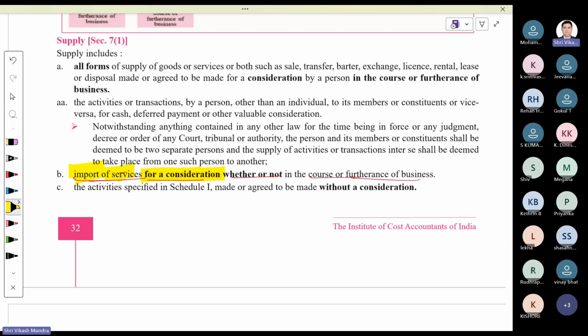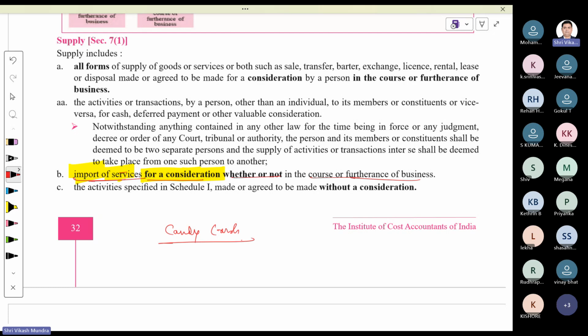For example, many times, say you people play Candy Crush. There is in-app purchase. You bought certain lives, etc., by paying some money.